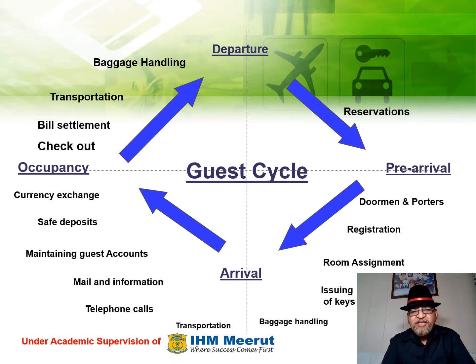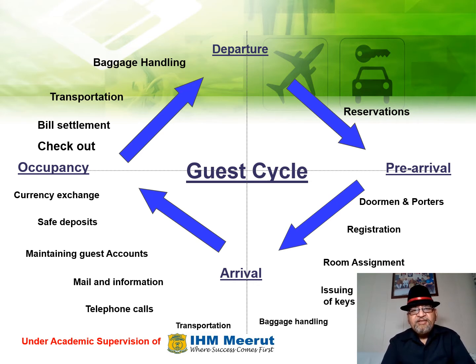After pre-arrival, the next stage is arrival. Between pre-arrival and arrival, we have listed the duties and responsibilities of the hotel staff at the time of arrival. So there are 6 subheadings. The first contact of the guest upon arrival is the doorman and the porter and the valet.